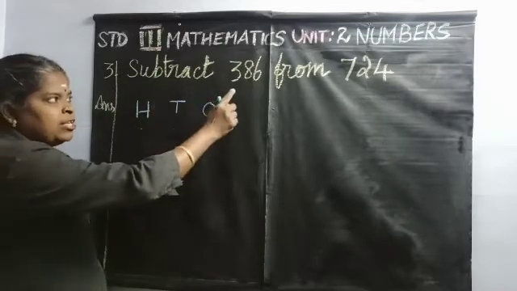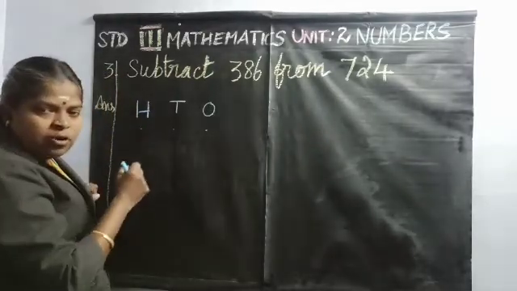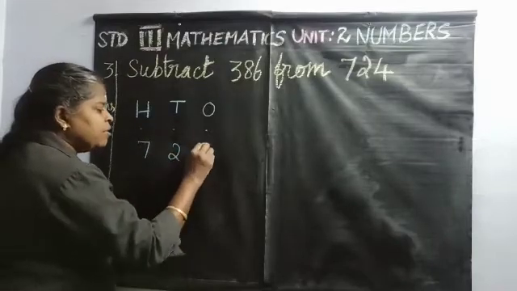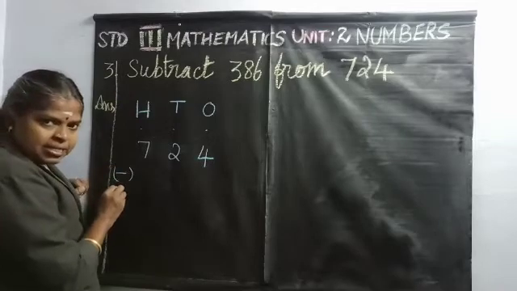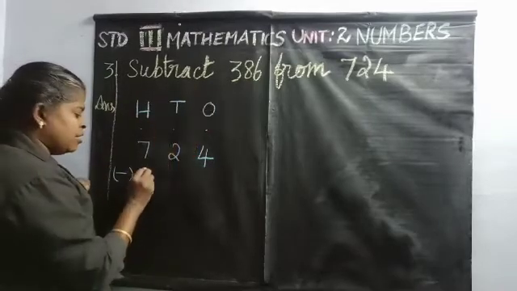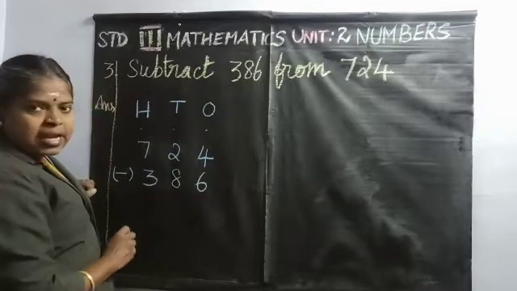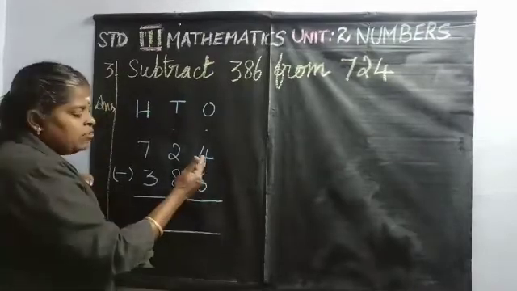Which is the greater number? 724 is the greater number. So first we write the greater number, then the minus symbol, then the smaller number, 386. Okay, we can subtract.